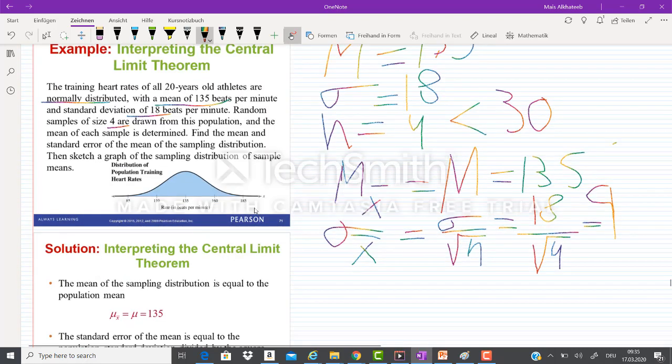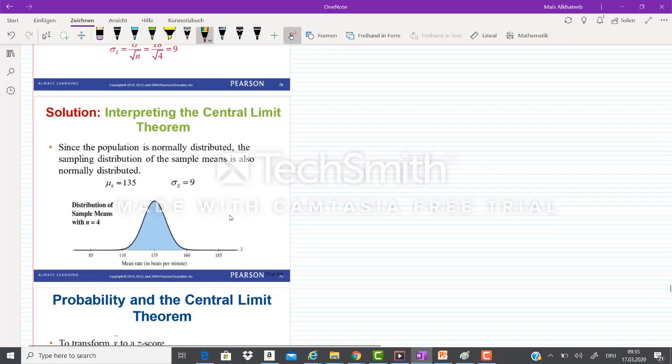Now I have to sketch the graph because they asked me to. 135 is mu, and the inflection points have to be 9 more and 9 less, because the standard error sigma x bar equals 9. So I can sketch the graph now. Here, 9 more and 9 less.